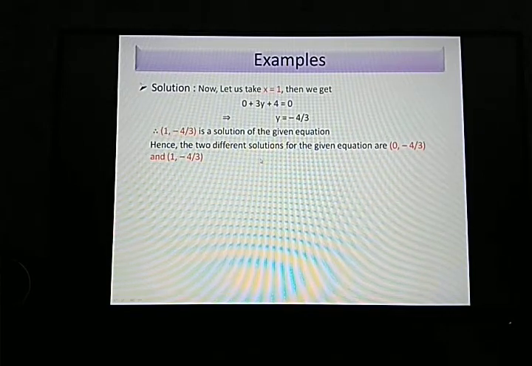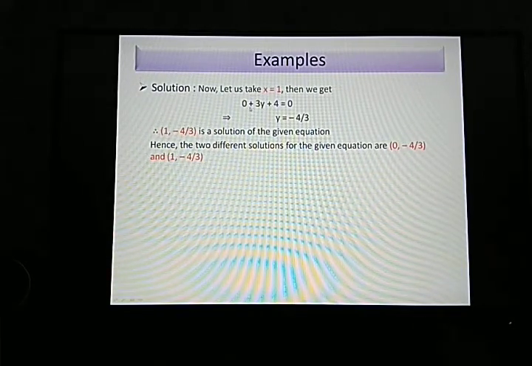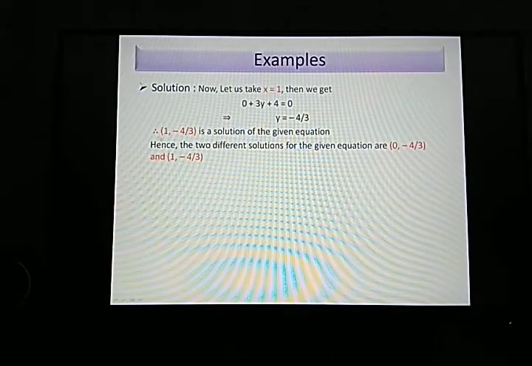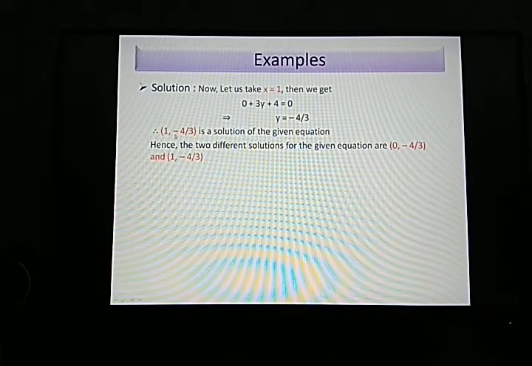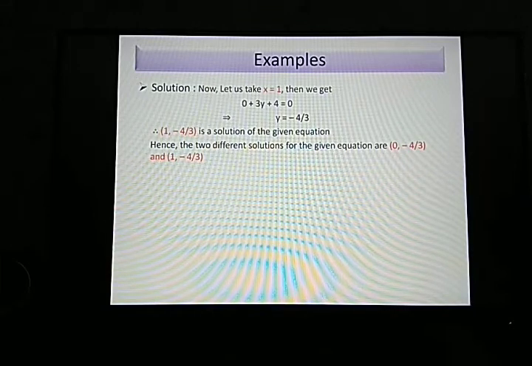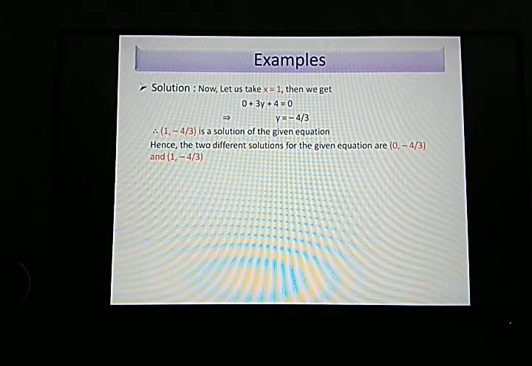If I take x equals 1 here, then 0 into 1 is 0. So 3y plus 4 equals 0. Again we get y equals minus 4 by 3. So the other solution is (1, -4/3). Now did you notice one interesting fact? In both cases the value of y is minus 4 by 3. Why did this happen?